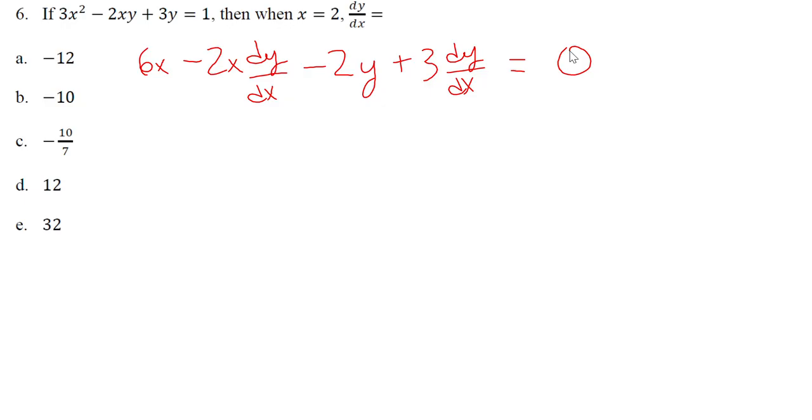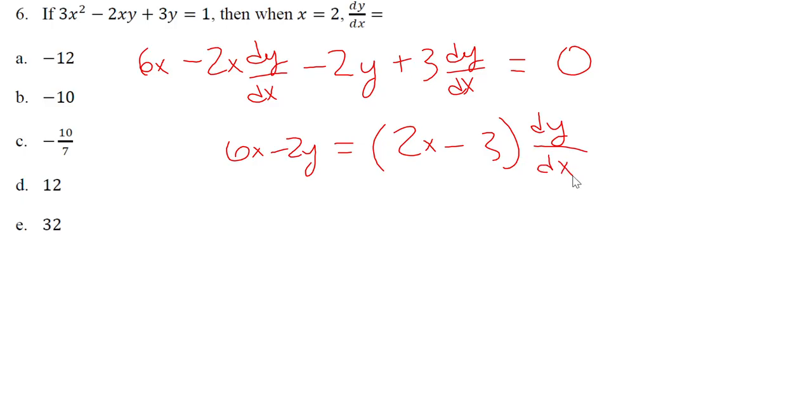So we can now solve for dy dx. I'll just leave my 6x and my minus 2y on this side and bring the other terms to the other side. So I've got a 2x plus, well, actually it's a minus 3, right, when we subtract that 3 over, that are both being multiplied by dy dx.